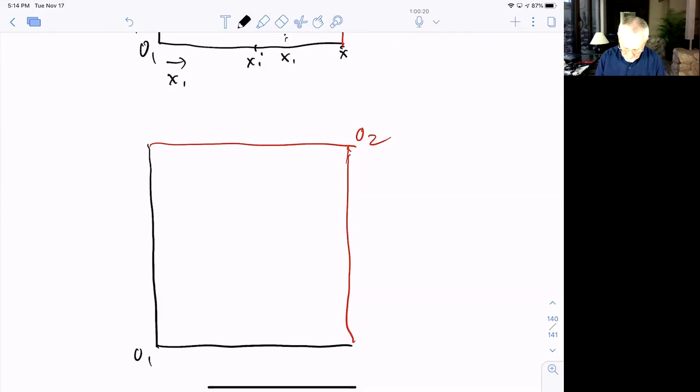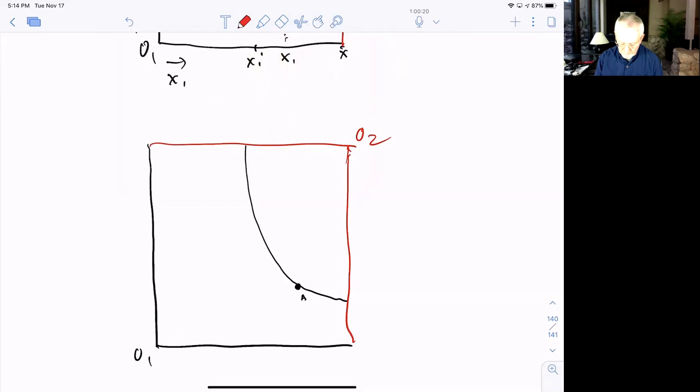Now let's come back here to point A. We know that an individual has an indifference curve that goes through every point in consumption space. So let me find the indifference curve for person 1 that goes through this point A, right there. Okay, so here's point A. And there's the indifference curve for person 1 that goes through that point.